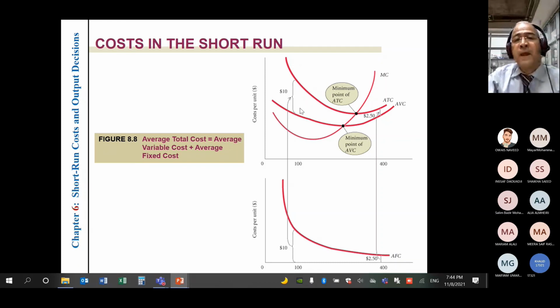So again, the vertical distance between average total cost and average variable cost equals average fixed cost. If I produce 400 units, average fixed cost equals 2.5, so the vertical distance at 400 units also equals 2.5.